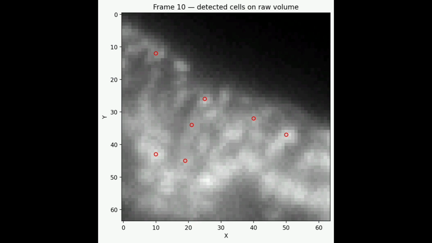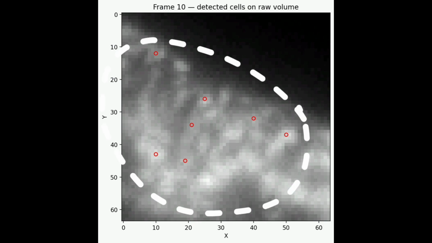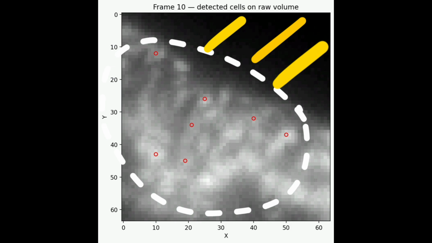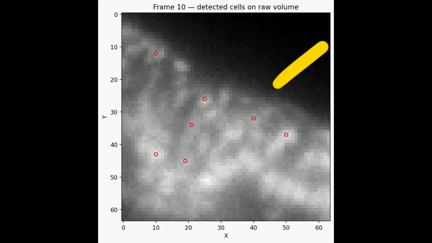A UNet is supposed to find candidate cell locations, right? But our current movie is biased. It has a lot of cells in one region. And if a lot of our sample is biased in one axis or in one region, our model might give biased answers.